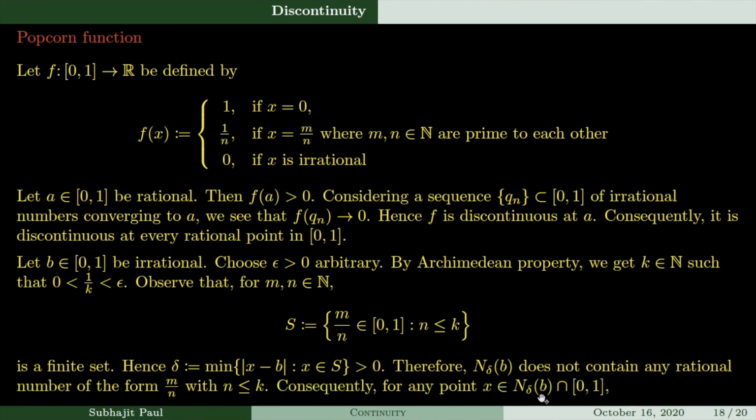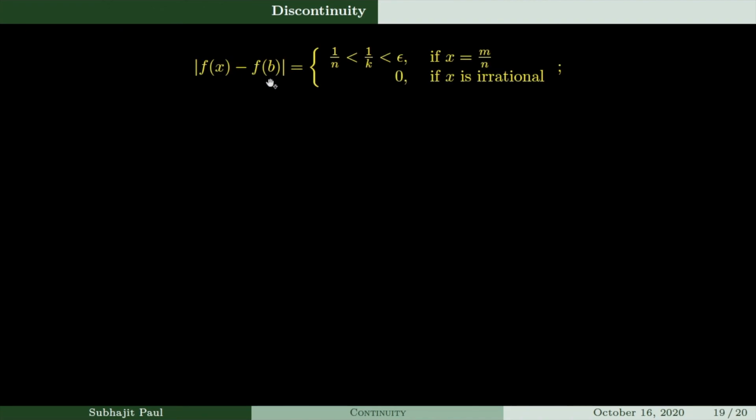Consequently, for any arbitrary point x in the delta neighborhood of B intersection (0, 1), we consider the distance |f(x) - f(b)|. When x is a rational point, f(b) is 0, so this is f(x). f(x) is 1/n if x is m/n. Now this n, we have guaranteed, is greater than k. So 1/n is smaller than 1/k, and 1/k is smaller than epsilon.